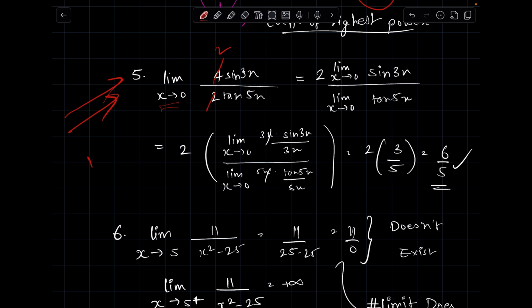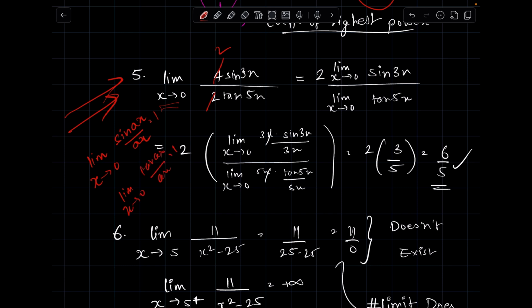Now, if you remember, the limit as x tends to 0 of sine ax by ax should leave you with 1. And this is the same for tan. So for tan ax by ax, it is equal to 1.